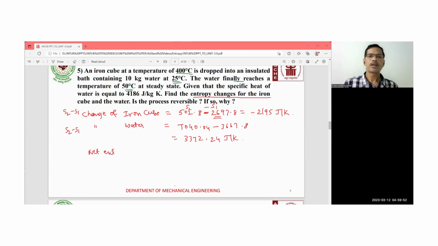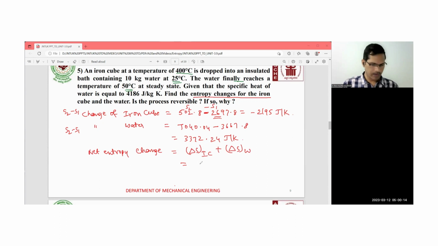Then what about the net entropy change? Net entropy change is equal to the entropy change of the iron cube plus the entropy change of the water.